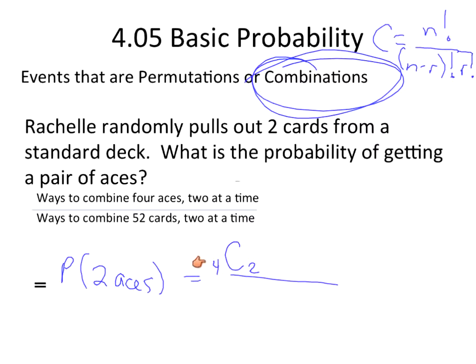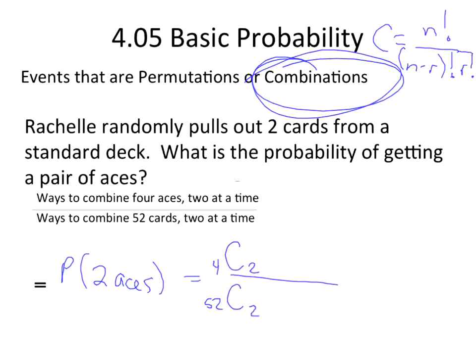Think about why that's my desired outcome. How many ways are there to combine 4 aces, picking 2 at a time? That's my desired outcome, 2 out of the 4 aces. My bottom is my entire. How many entire cards are we talking about? 52. So out of 52, C. And still, how many are we choosing at a time?